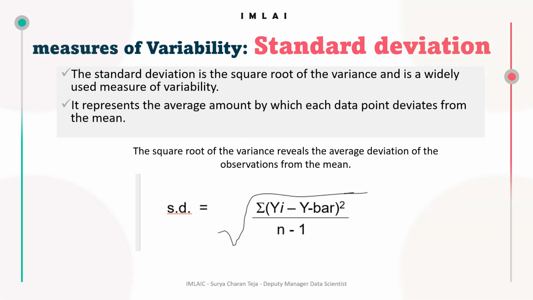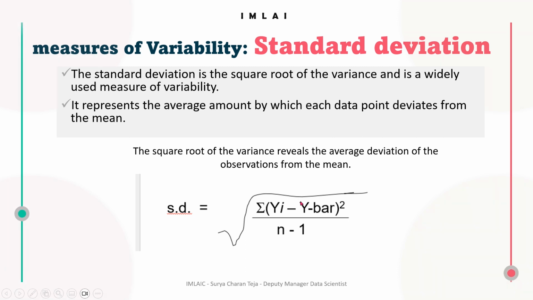Let's take the example here. We have calculated the variance using this formula: the summation of yi, the individual scores or individual observations or individual records, whatever way you call them, minus y bar, all squared.